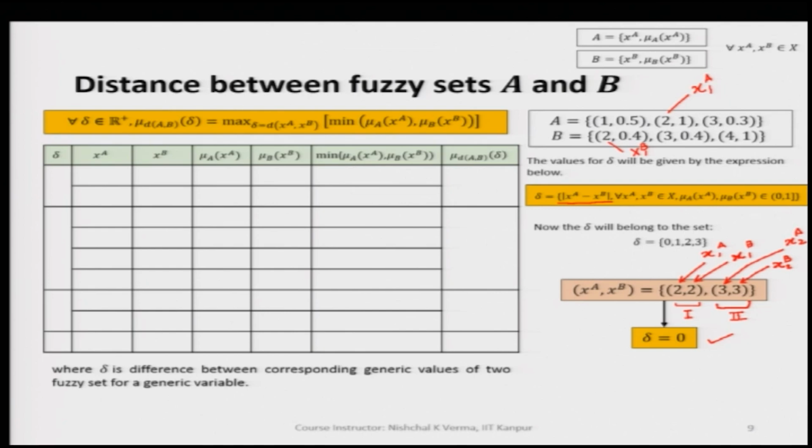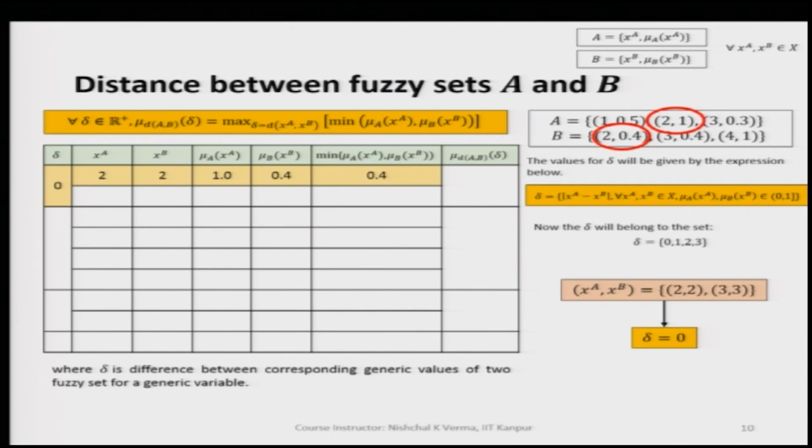But if we get a pair, like in this example where we have 2, 2 and 3, 3, two pairs of the generic variable values resulting in delta equal to 0, let us see what we should do and how we should account for this value.